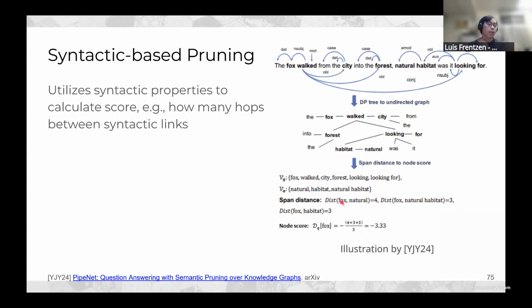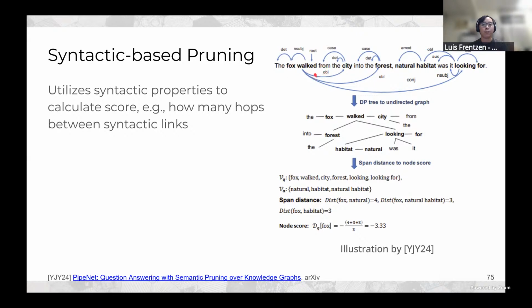And then the next one is syntactic-based pruning. So in syntactic-based pruning, you are going to prune your knowledge graph as usual. But in this case, the relationship between your nodes is actually the syntactic relationship between the content of the nodes. For example, you could take one sentence and convert that into a graph by taking every word as a different node.